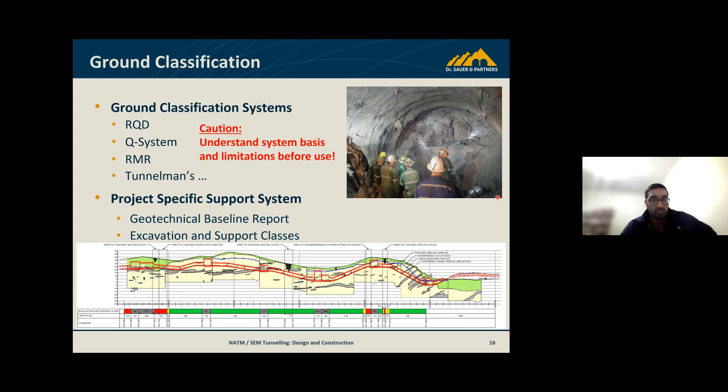The geotechnical baseline report, so those are project specific support systems. The geotechnical baseline report is something that needs to be carefully read and understood, not necessarily something that is always used or exclusively used for the design phase. Usually there are subsequent interpretive reports that are more specific to the structure that you're trying to build to understand the ground.